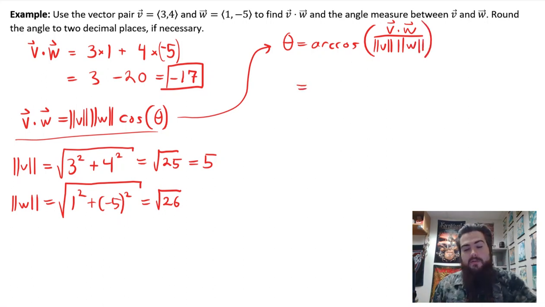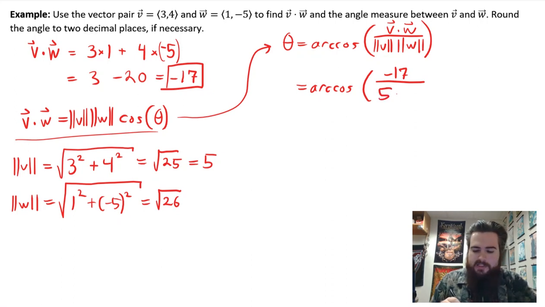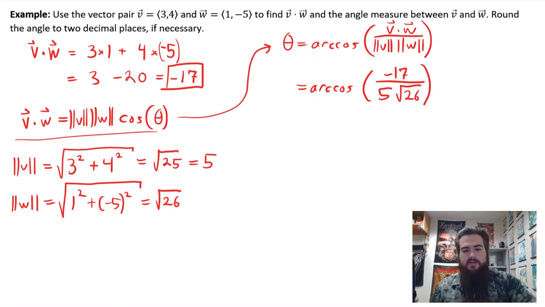And we now know everything on the right side of my equation here, so we should be able to solve and get the value on the left, theta. That will be arc cosine of the dot product we found, negative 17, divided by our two magnitudes. V was 5 and w was square root of 26. We need arc cosine of negative 17 divided by 5 times square root of 26.